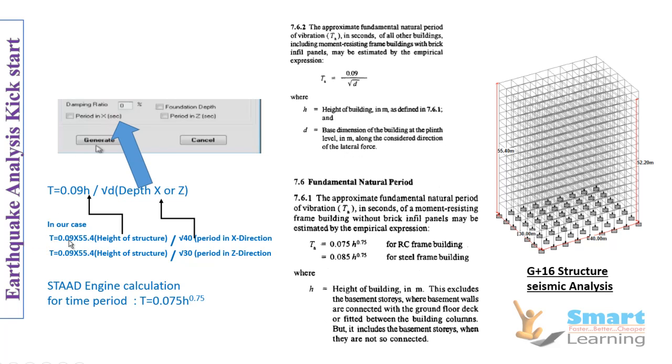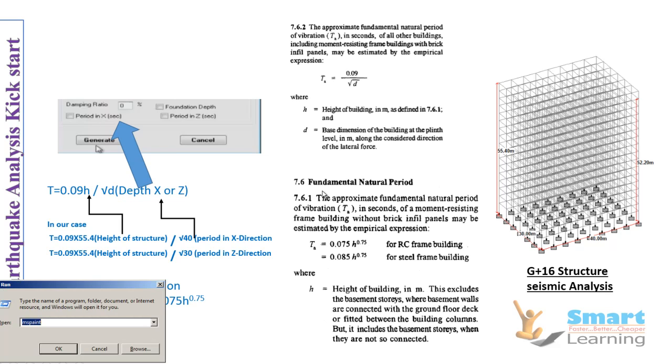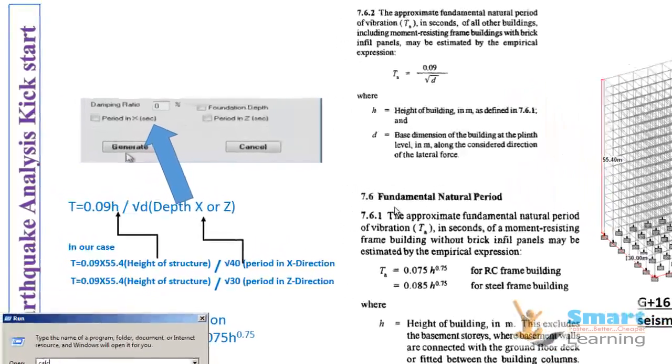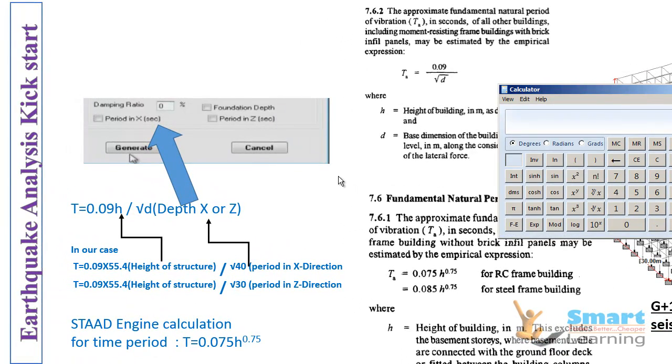So 0.09 into 55.4, that is the height of the structure, divided by root over of 40, because I am going to compute for the x direction period. So this is the x direction, which is 40, and whatever value comes, we have to put under this box. So I'll go to CALC and I'll go for this computation. I'll go for the root over of 40.